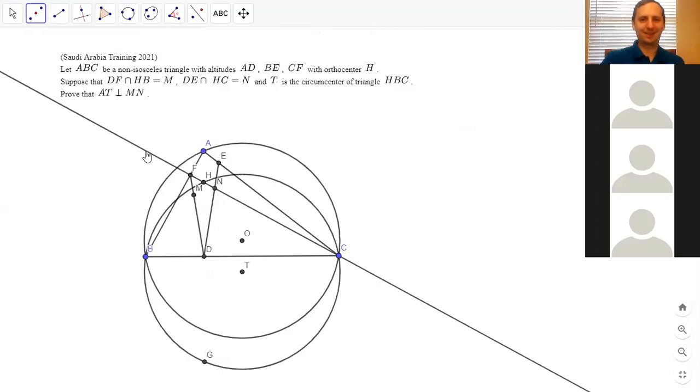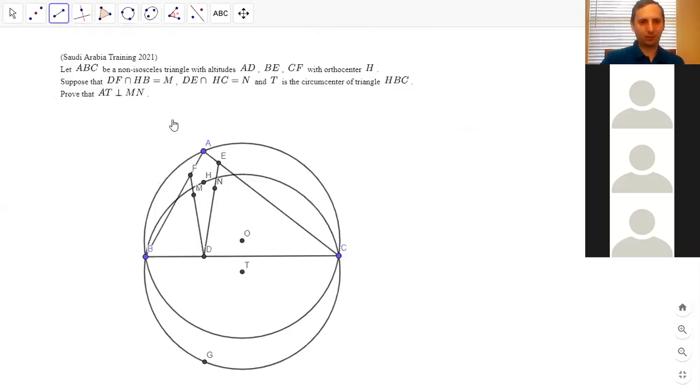Okay, that was fast. So I'm just going to type it all up really quickly. MN is the radical axis of the 9-point circle and HBC.